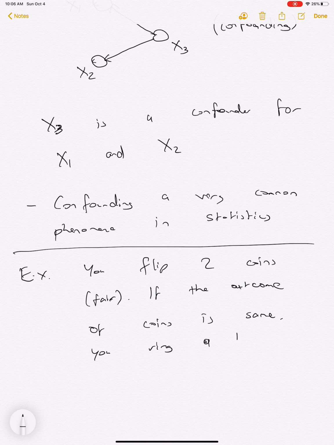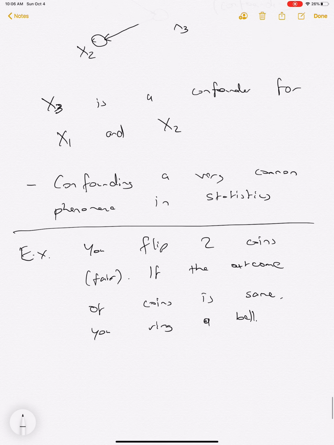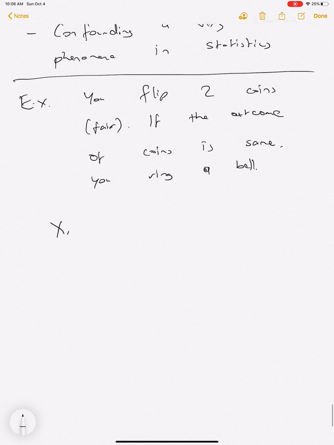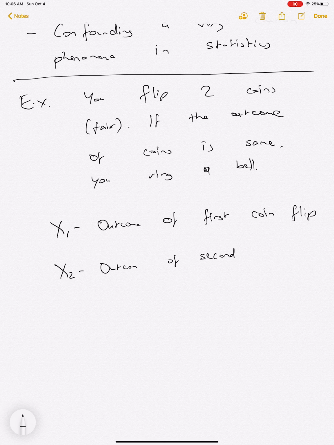So these are 3 binary variables, so it's in some sense easy to write out the whole distribution. X1 is the outcome of the first coin flip. X2 is the outcome of the second coin flip. X3 is, do you ring the bell?